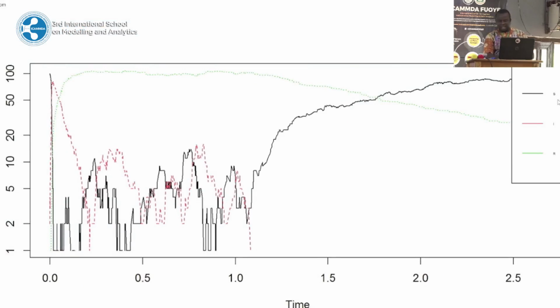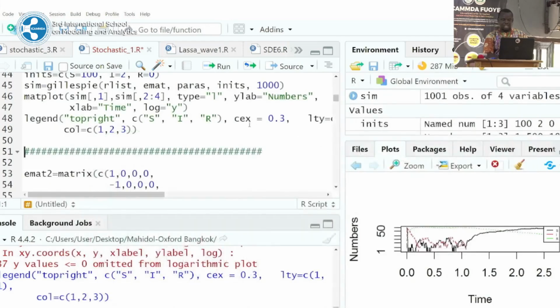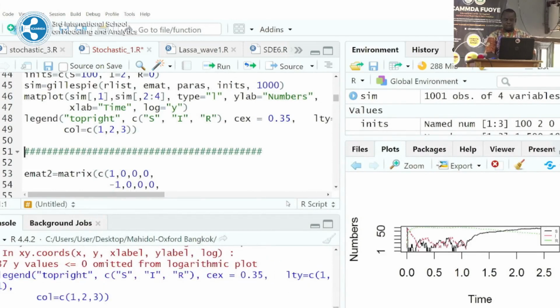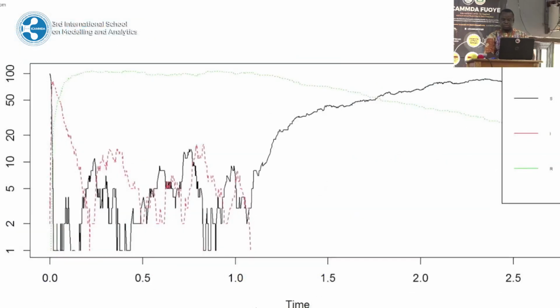You can see it's bigger a bit. Try to put 0.35, maybe to see better. So you can see S is the black and I is the red and R is the green.